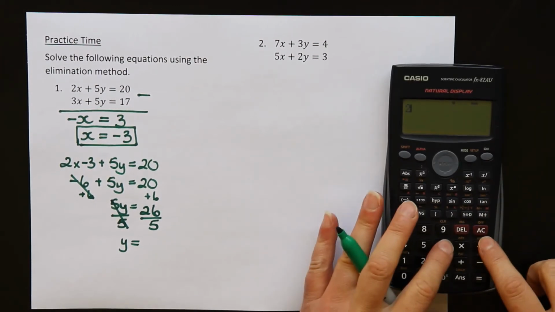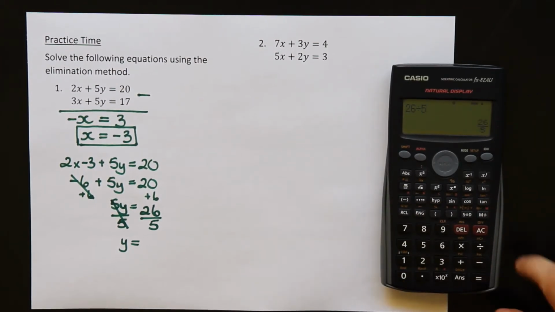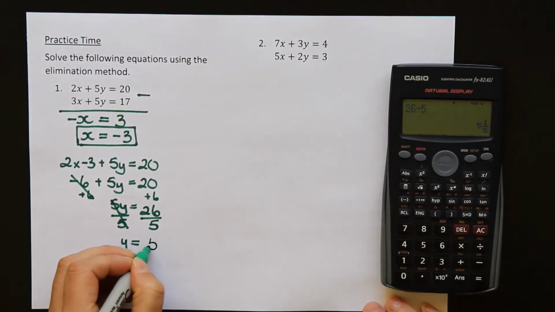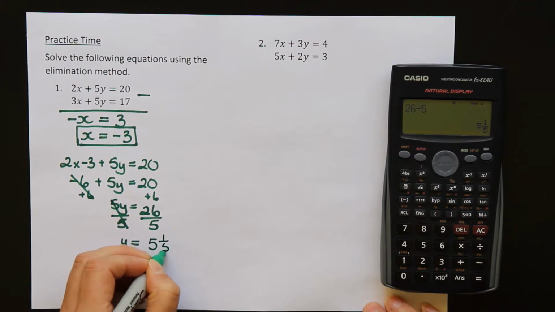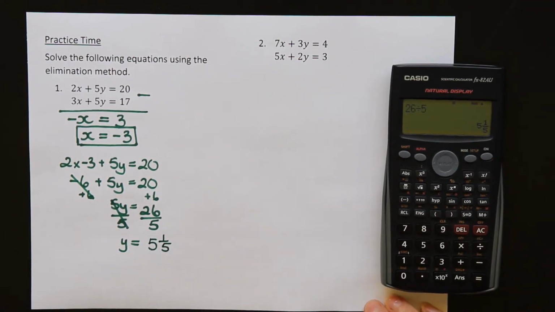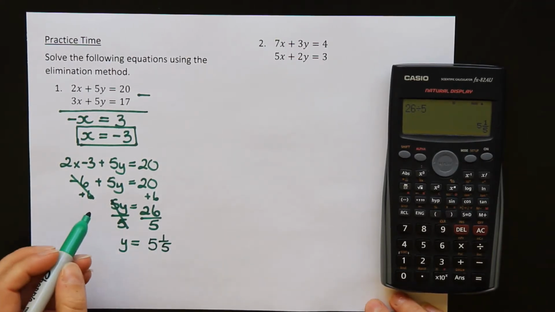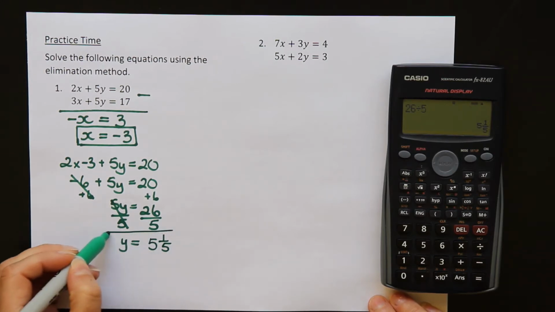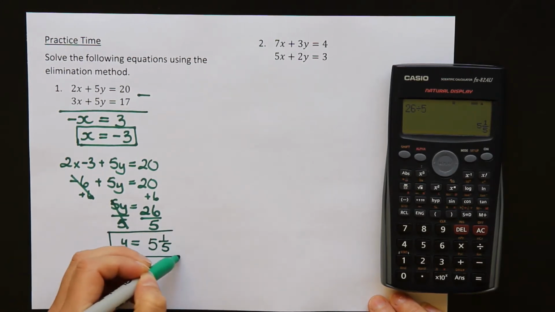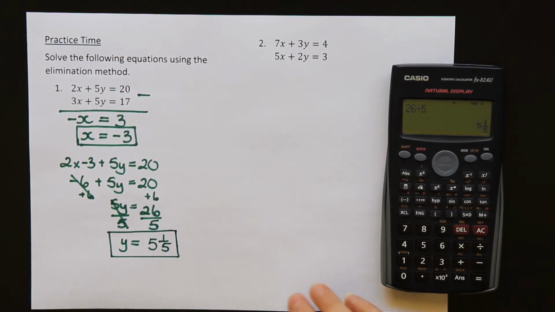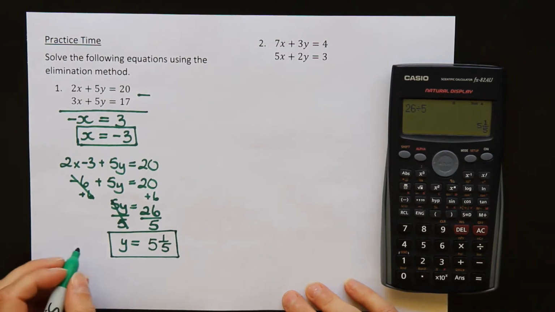So if we go 26 divided by 5, let's leave it as a mixed numeral, 5 and 1/5.